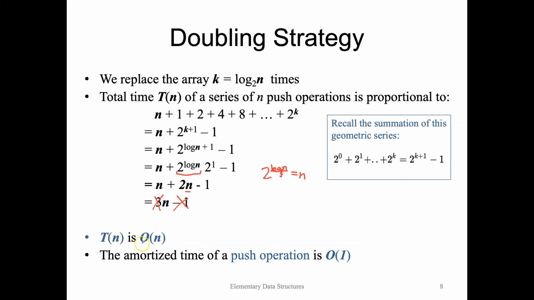So our total running time after calling push n times using the doubling strategy is big O of n, which means that our amortized time, which is the average over calling this n times, is our total cost over n. And we know that t of n is big O of n. When we divide that by n, we're left with 1. So the amortized cost of push, if we use the doubling strategy, is constant.